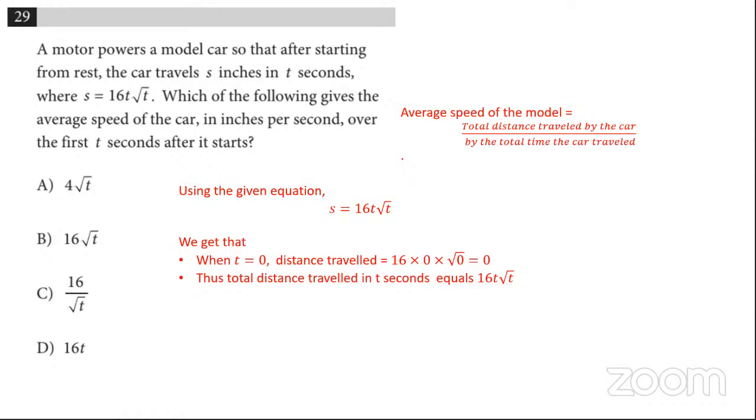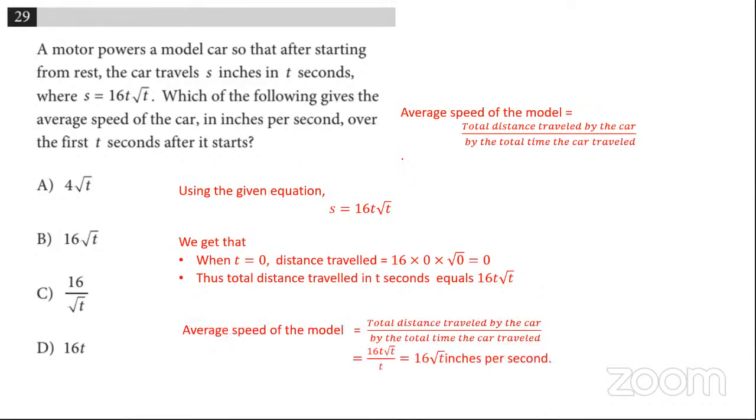Okay, so this distance is covered in t seconds. So the total time taken will be t seconds. So now using these two, the average speed will be 16t root t by t. That is, 16t root t is covered in t seconds.